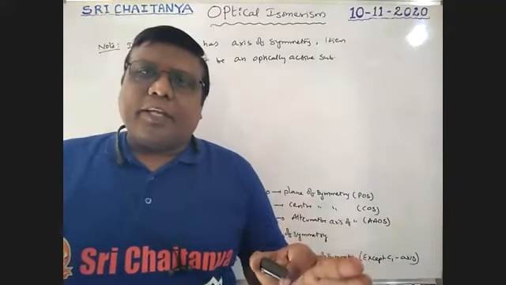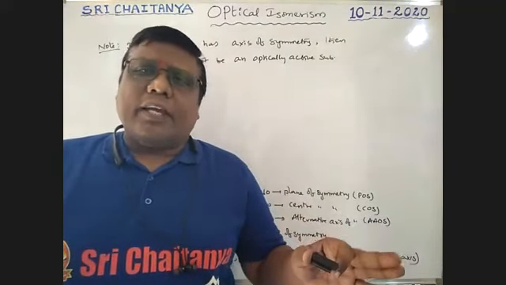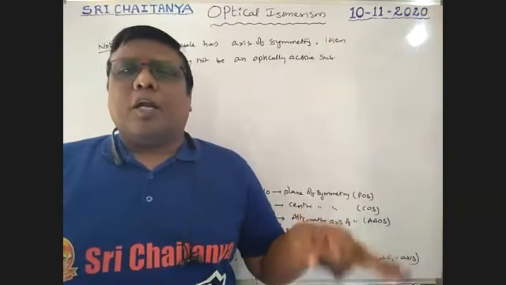So axis of symmetry is there, and that may be optically active or may not be optically active.